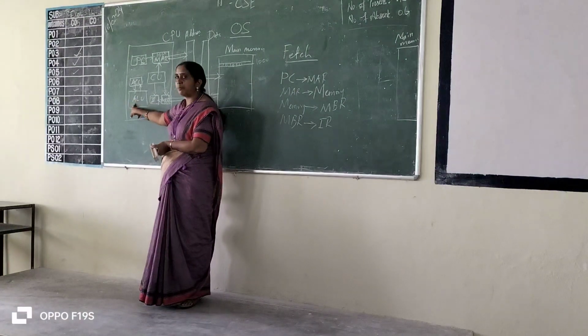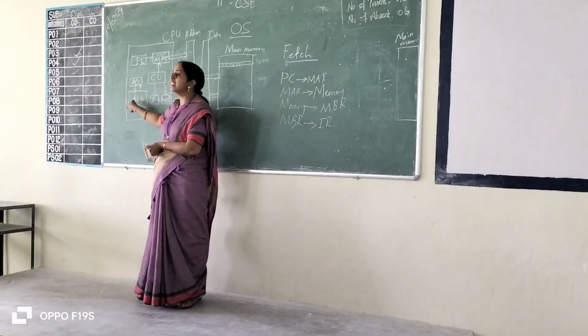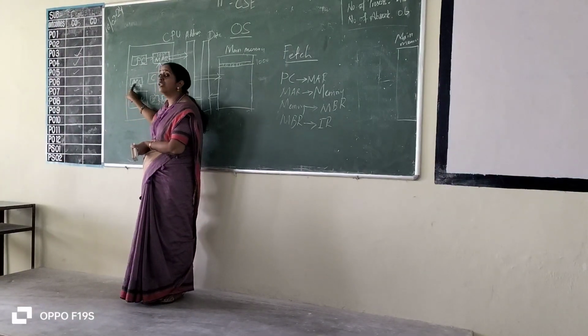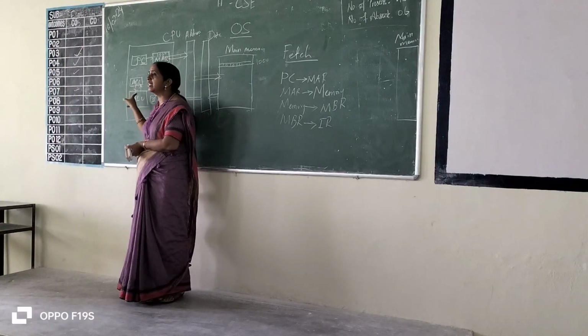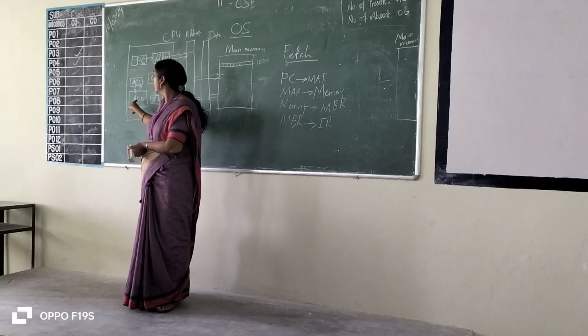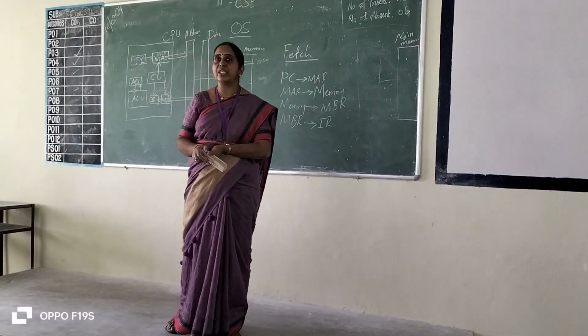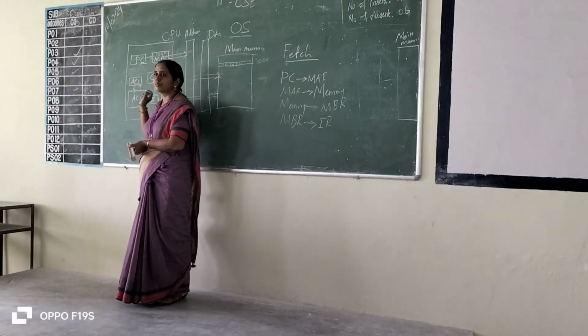In that case, the corresponding operation is performed within the ALU, and the result of this execution is stored in one register called the accumulator. The accumulator is a register used to store the result of arithmetic operations performed within the ALU.